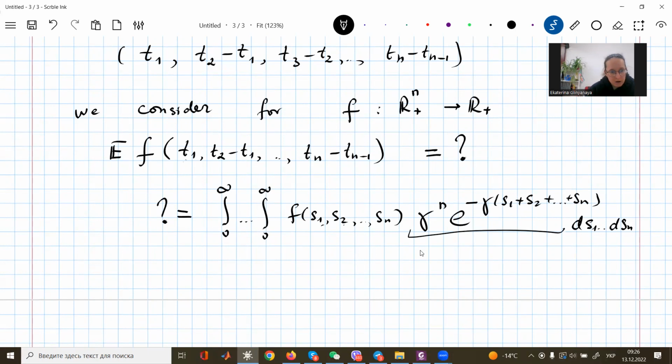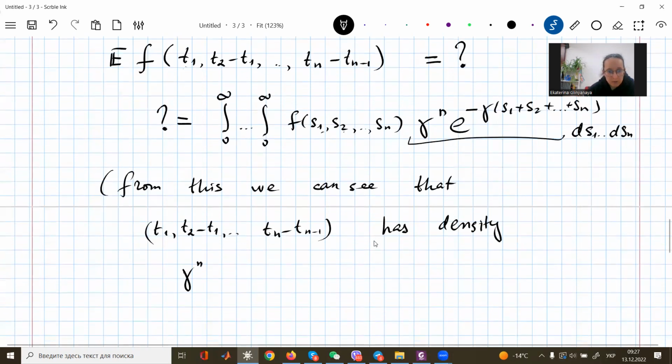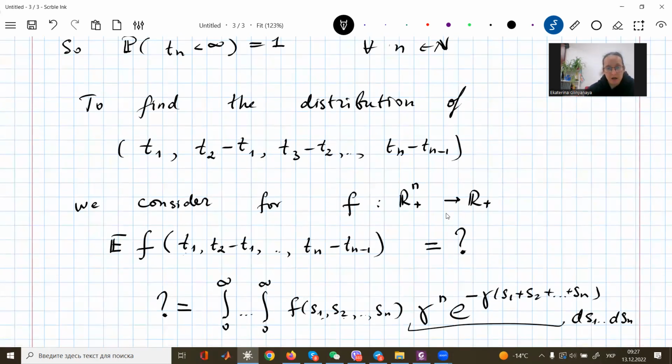So from this, we can see that the random vector T1, T2 minus T1, and so on, Tn minus Tn minus 1, has density of this form, gamma to the power n, and this will prove the statement that such increments are independent and exponentially distributed.